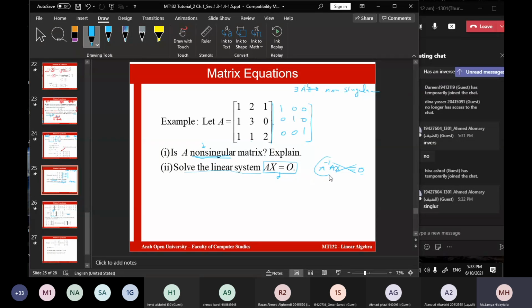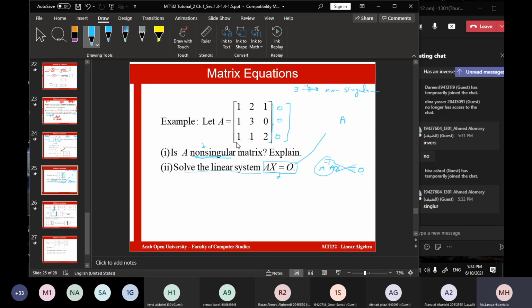I could not find A inverse, so you go and use our usual method: reduce A with the B beside it. A is this one. We find the augmented matrix like we did before. Okay, I cannot solve with A inverse, so I go and try to solve using another method like that. Reduce to the echelon form and then find the solution.